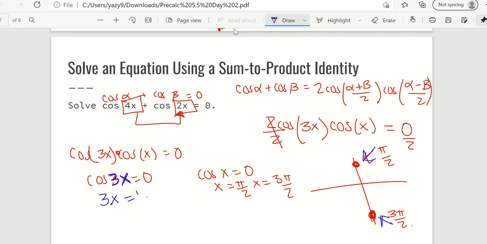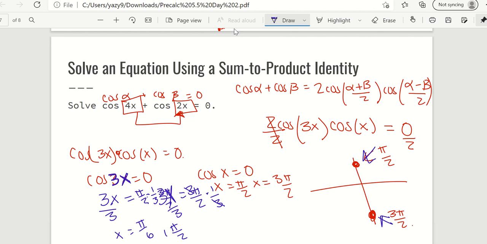So 3x is equal to pi over 2, 3x is equal to, sorry, I wrote that wrong, 3x is equal to 3 pi over 2, and divided by 3, which is the same thing as multiplying by 1/3, you get that x is equal to pi over 6, and x is equal to pi over 2. Okay, because you cancel out that 3 there, cancel out that 3 there.